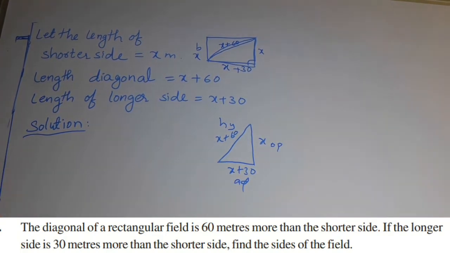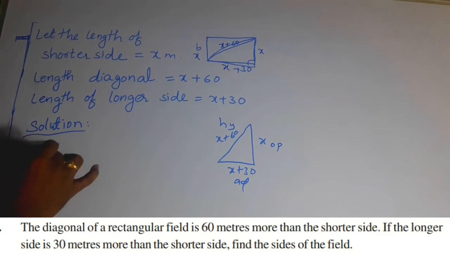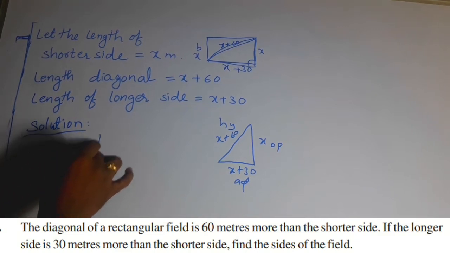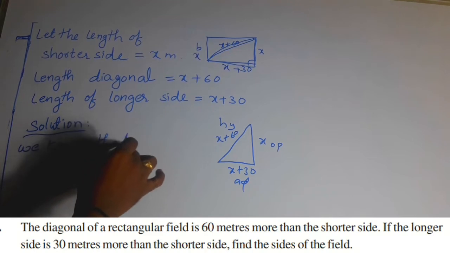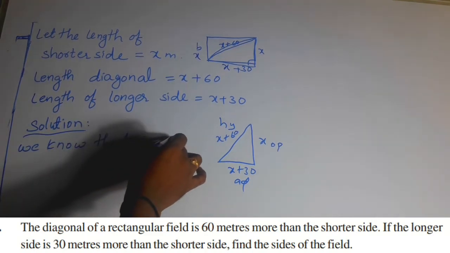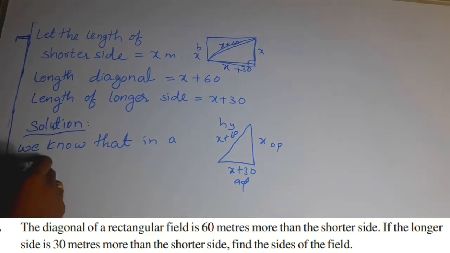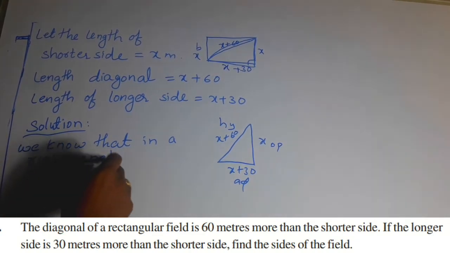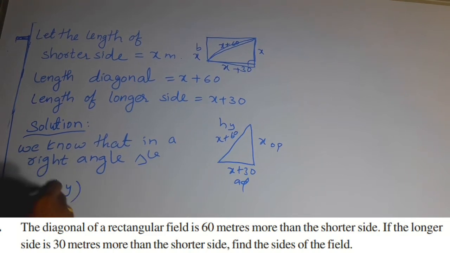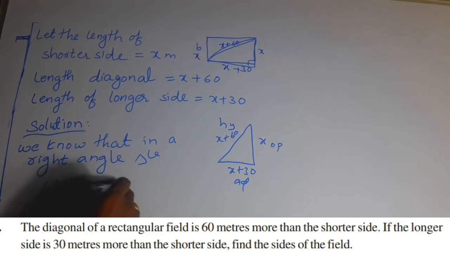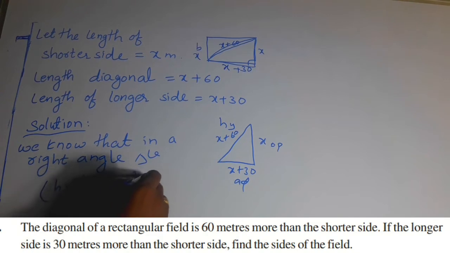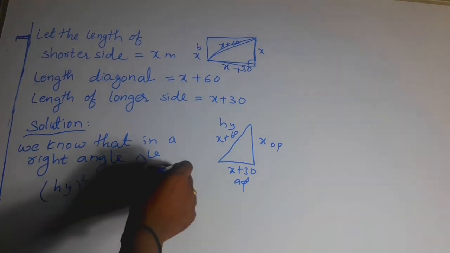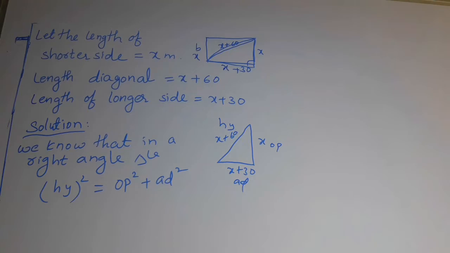We know that in a right angle triangle, hypotenuse square is equal to opposite side square plus adjacent side square. So we have this identity.